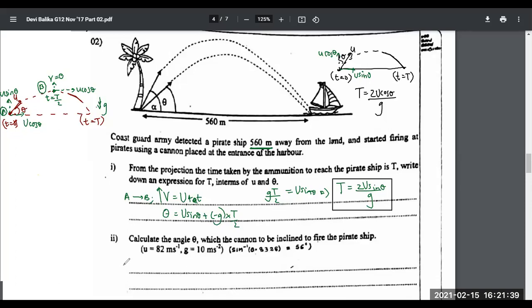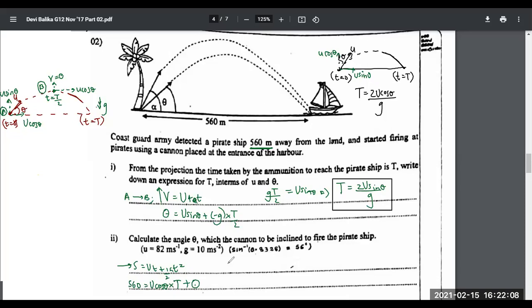If you apply the equation horizontally, s equals ut plus half at square, we all know the horizontal displacement is 560. So 560 equals u cos theta into capital T, plus this part is 0, because there is no horizontal acceleration in the system, only vertical acceleration.